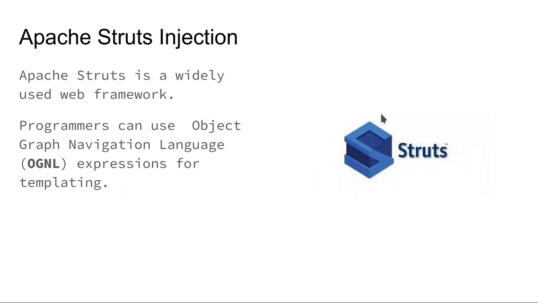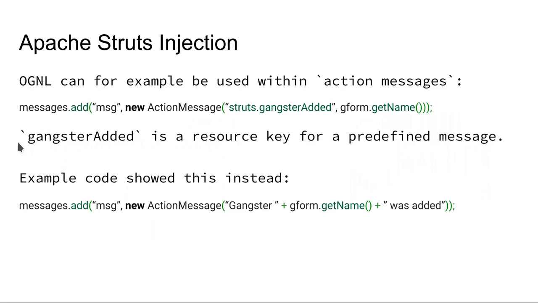The Apache Struts framework, which is very commonly used, has something called the Object Graph Navigation Language, which can be used for something like templating. In the Struts example app, they add a message to the users, going to be displayed somewhere.